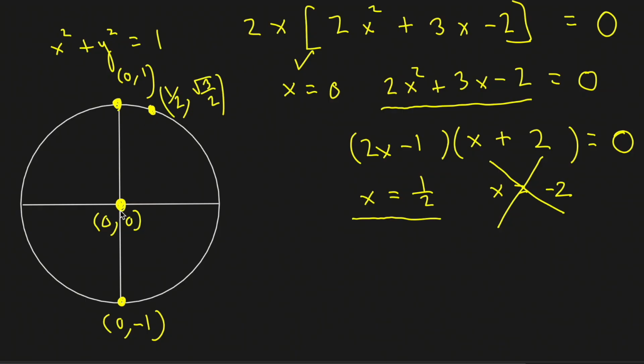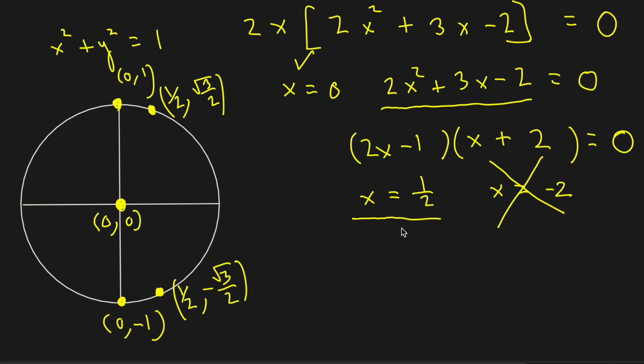But we also have to consider there's a negative y value that also meets the criteria, and that's (1/2, negative square root of 3 over 2). So those are both possible points that we have to check. They're critical points of this function along the boundary, that is, along the unit circle.